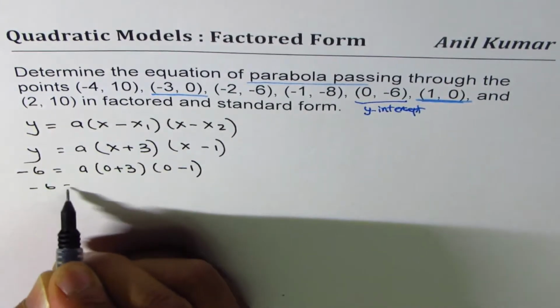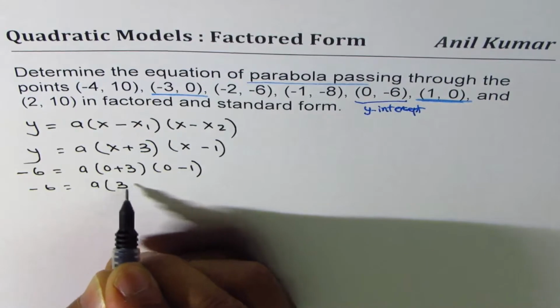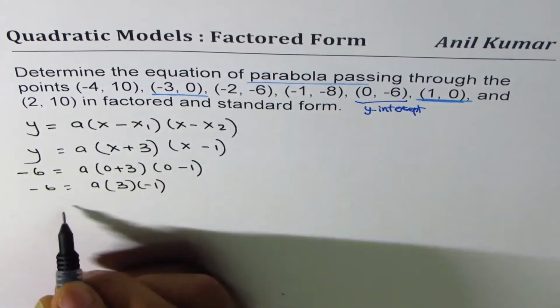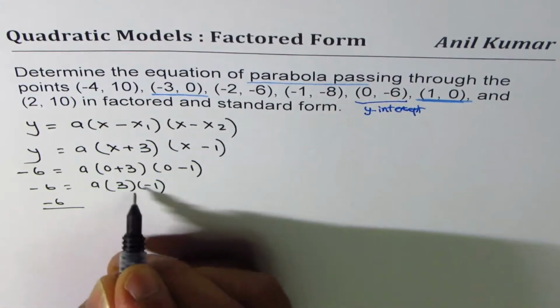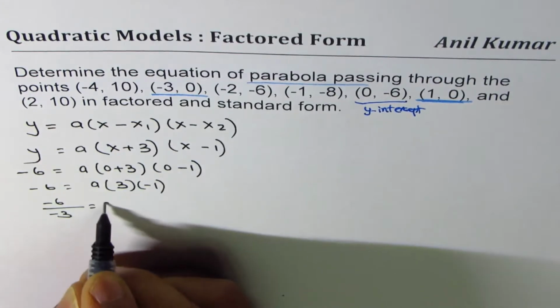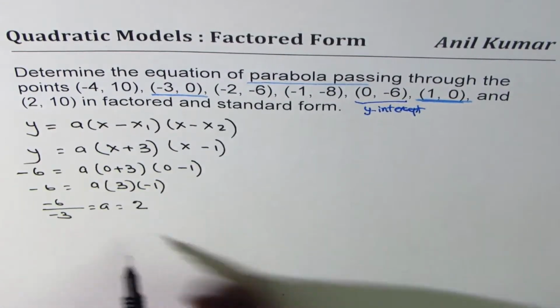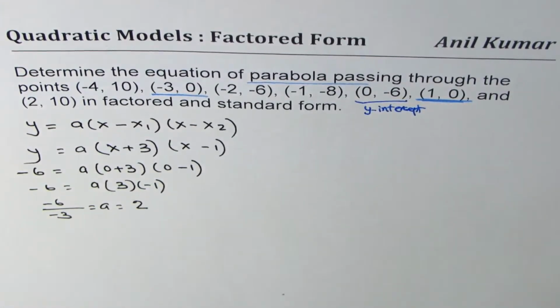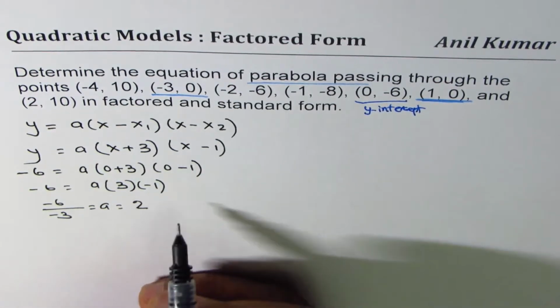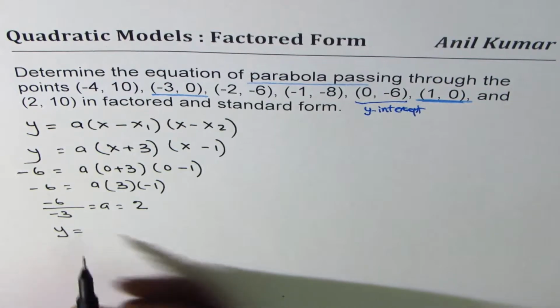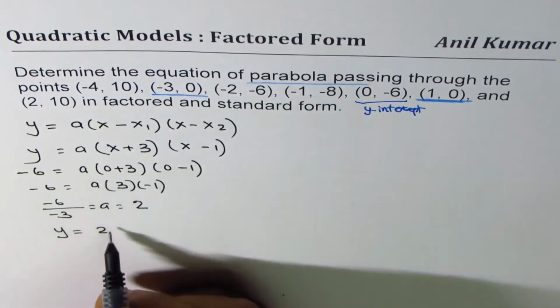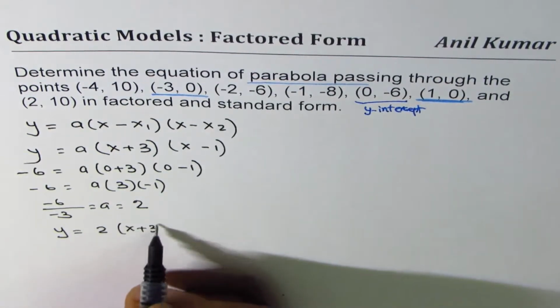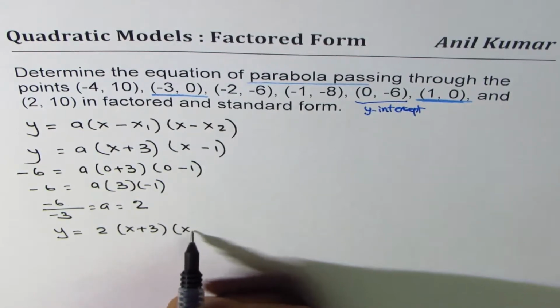That means -6 equals a times 3 times -1, or -6 divided by -3 is a, which is 2. So the value of a for this particular equation is 2, and therefore we can write the equation as y equals 2 times (x plus 3) times (x minus 1).